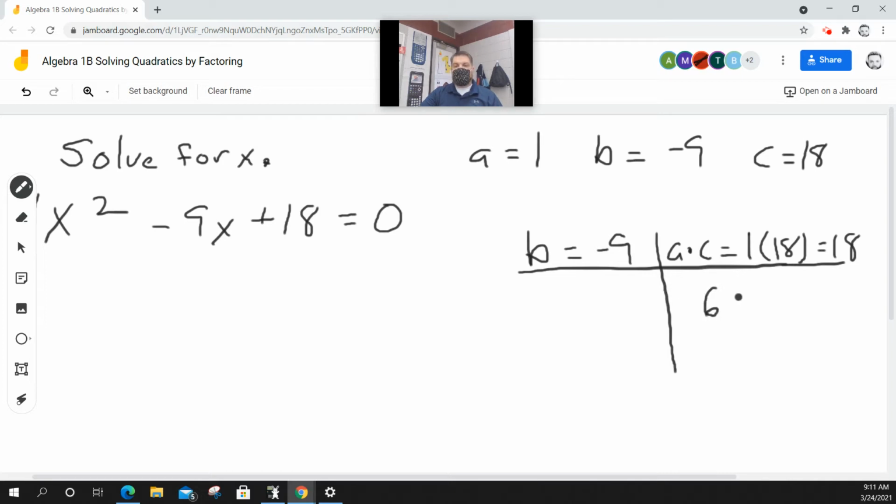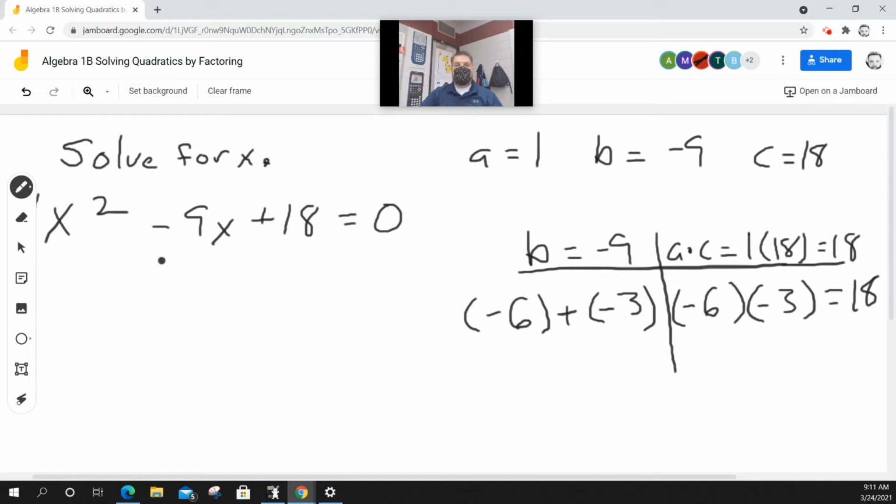Well, I know that 6 times 3 equals 18, but 6 plus 3 equals a positive 9. But if I make 6 negative and 3 negative, that adds up to a negative 9. And then if this is a negative and this is a negative, what's negative 6 times negative 3 equal?